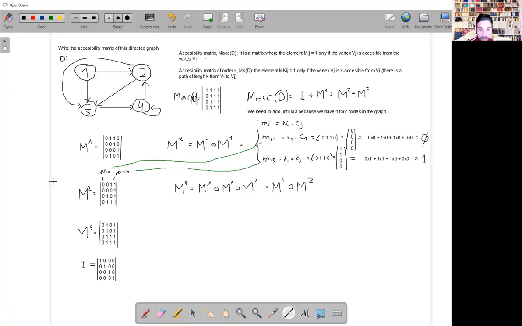And now the only thing that is missing is to add all of these matrices.